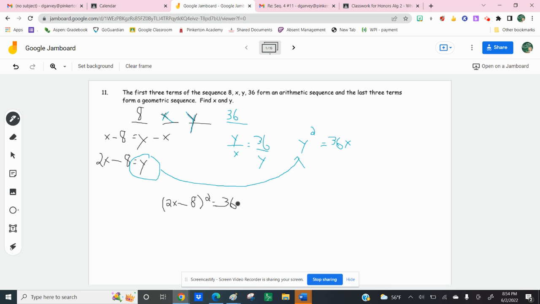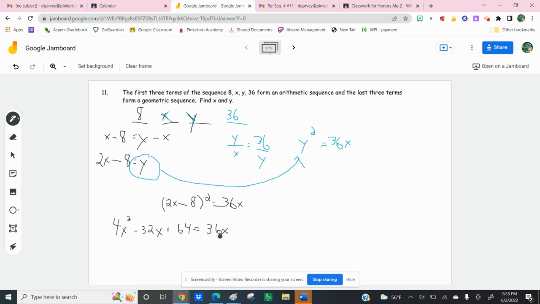Now I have one equation and one variable, so that will help me solve this. So (2x minus 8) squared is 4x squared minus 32x plus 64. And it is going to still equal 36x.